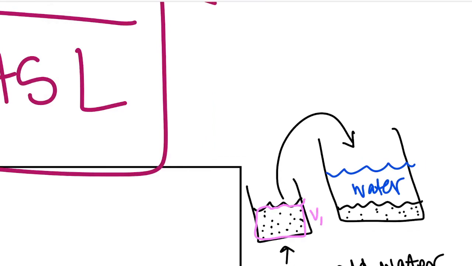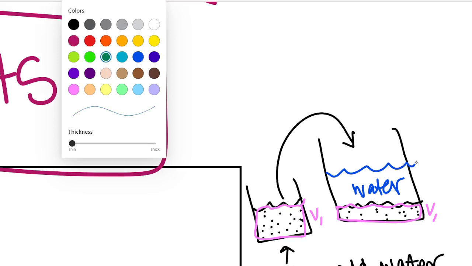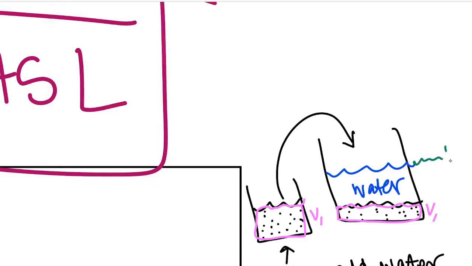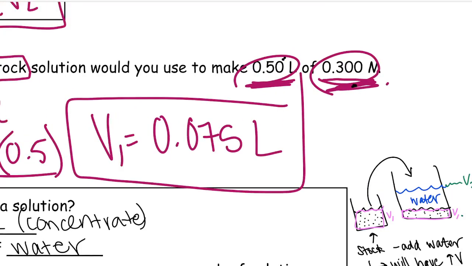And if I pour all of that stock solution into this, this volume 1 is still volume 1. Then if I say that my new solution is going to be here, that's volume 2. So the difference between volume 1 and volume 2 is the amount of water that you added. That's what I mean by the difference.